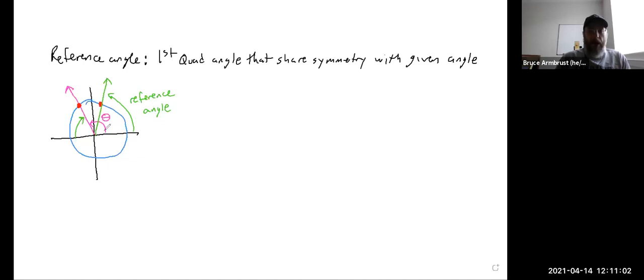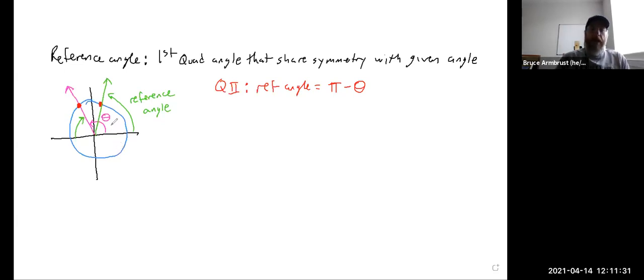Okay, so how are we going to get the reference angle? Well, it turns out that if we're in quadrant 2, this is all you have to do. If you're in quadrant 2, the reference angle is going to equal pi minus theta. All right, so why is it pi minus theta?